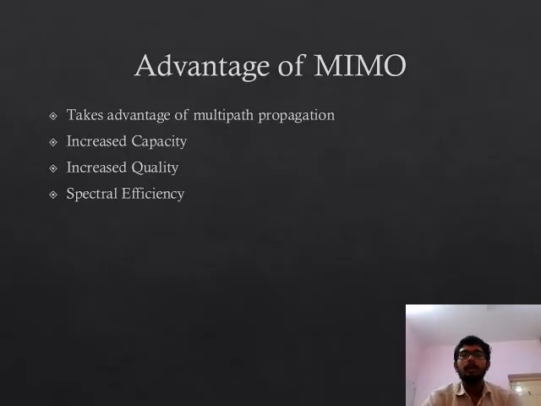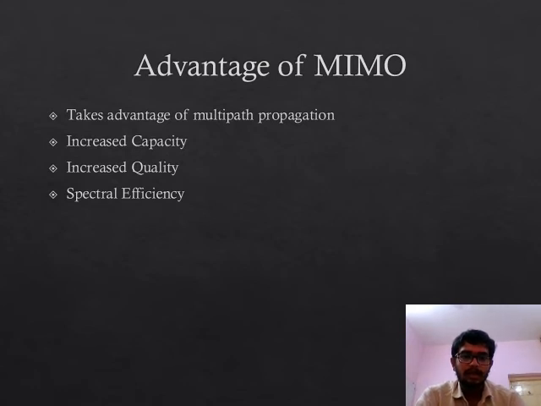The next slide is about the advantages of MIMO, like taking advantage of multipath propagation. In MIMO, the transmitter and receiver communicate over multipath. The input and output are carried by multipath from base station to mobile station.